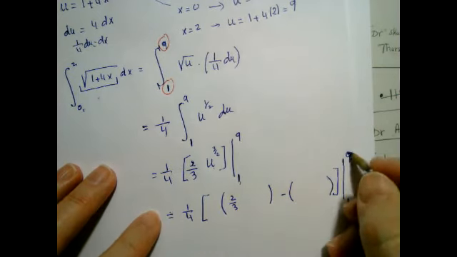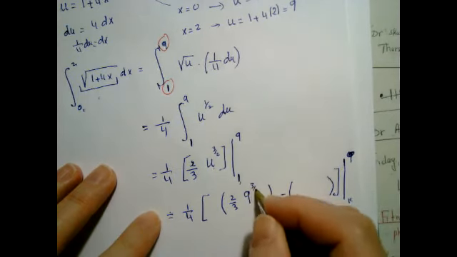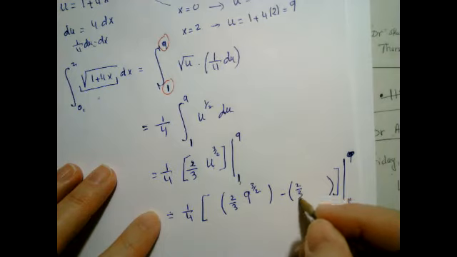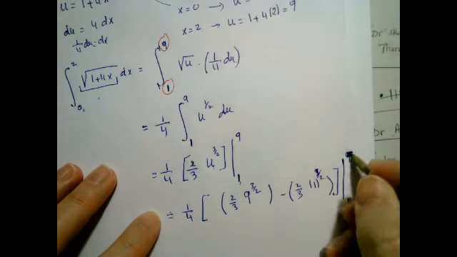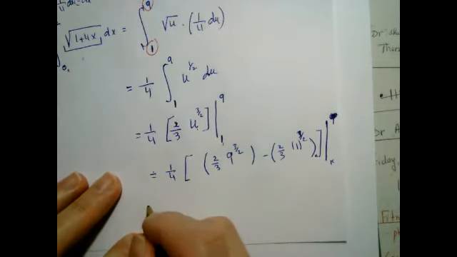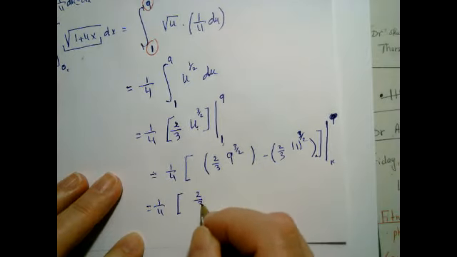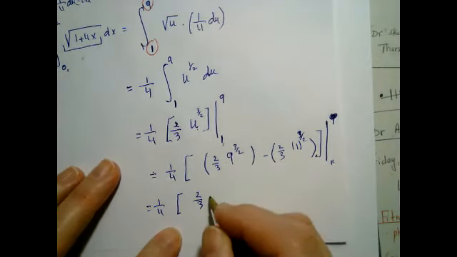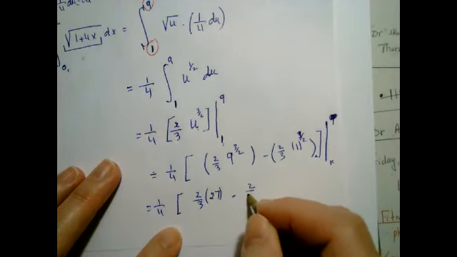This is going to give me 2/3. Sorry, I don't need those anymore. My apology. 2/3, 9 to the 3 half minus 2/3, 1 to the 3 half. Okay, I don't go back to x because I changed my limit. And finally, I'll get 1/3 times 2/3. 9 to the 3 half is 27 minus 2/3.